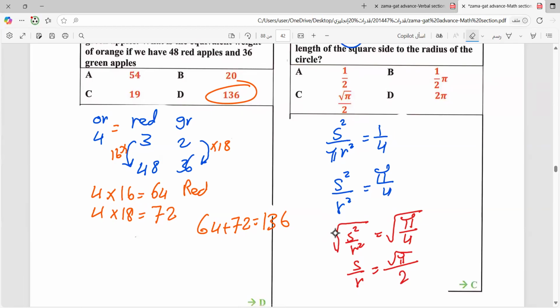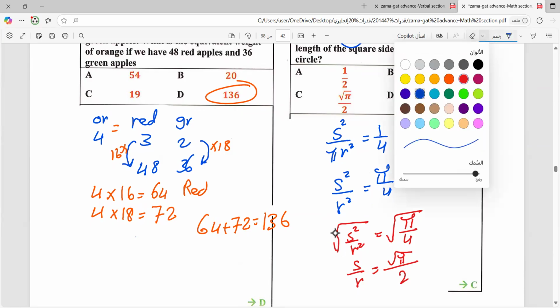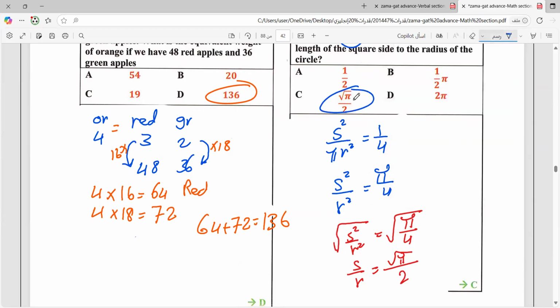So square root of pi divided by 2. So the answer is C. Clear?